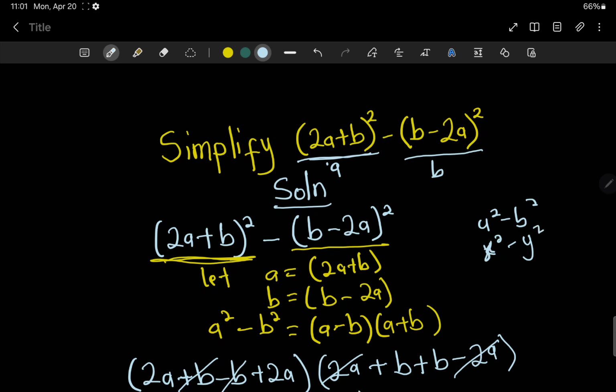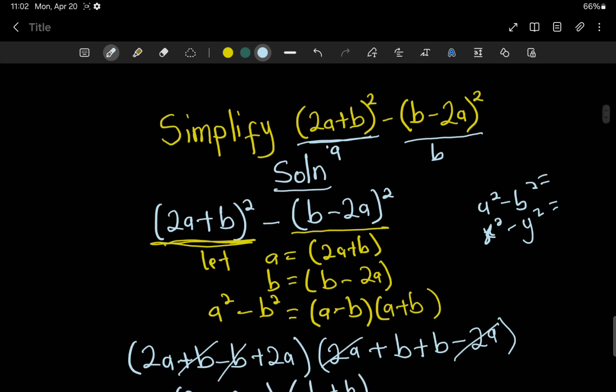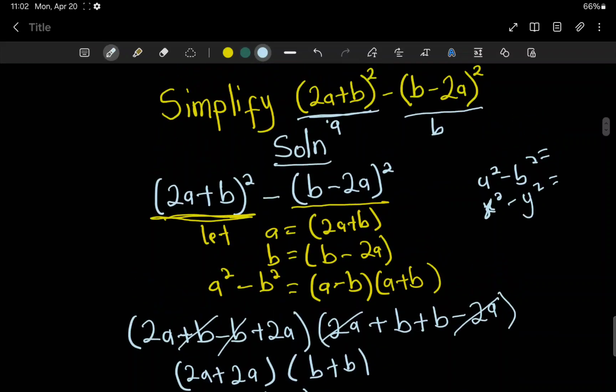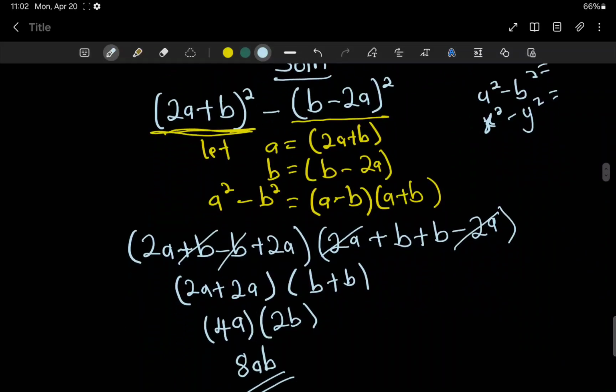It's the difference of two squares, which is the same as A minus B times A plus B. If it is X squared minus Y squared, it's X minus Y times X plus Y, right? So that's the ideology we used to solve that, and then we substituted the real values into it to get our final answer.